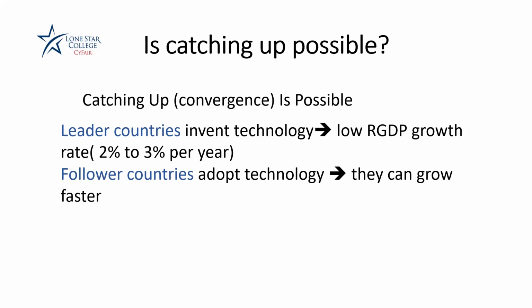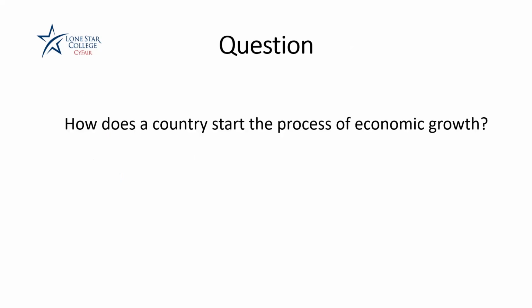So this catching up process that I put here is possible in theory, but in reality it is not possible. So this is economic theory, and I told you the real side of the story. Okay.